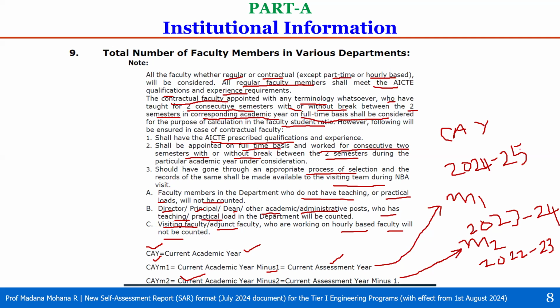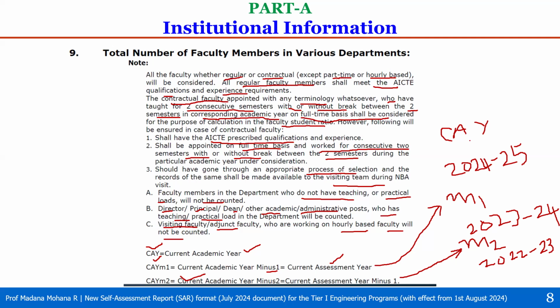So now 24-25 is running. Now completed academic year is 23-24. That we will call it as current assessment year. Current assessment year, then current assessment year -1, then current assessment year -2. For these three completed years data, we have to provide as per the criteria's requirement.